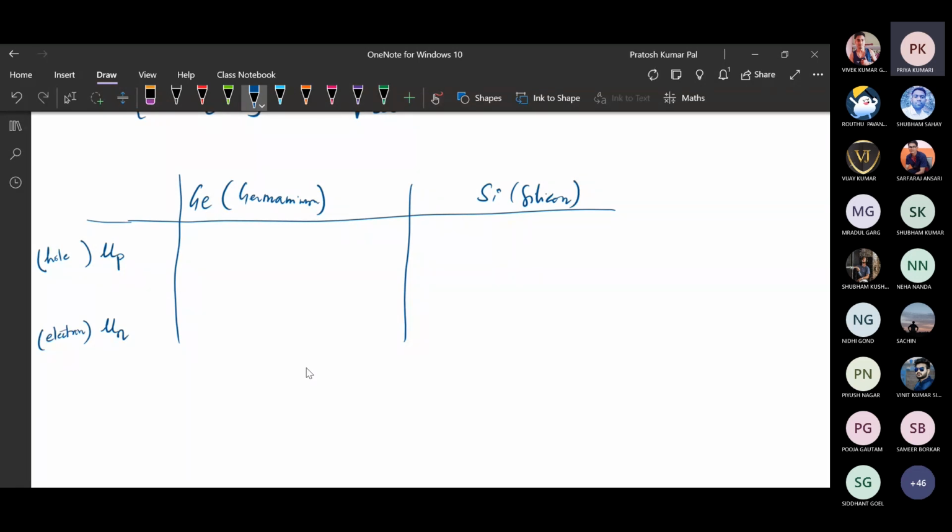In case of germanium, the mu p value is 1800 centimeter square per volt second.